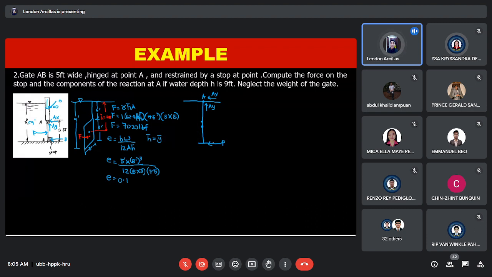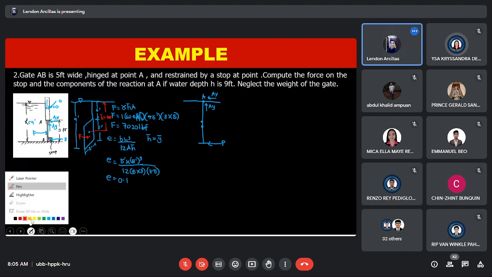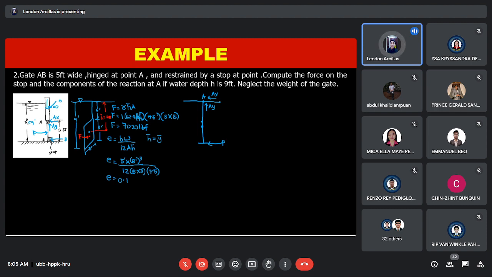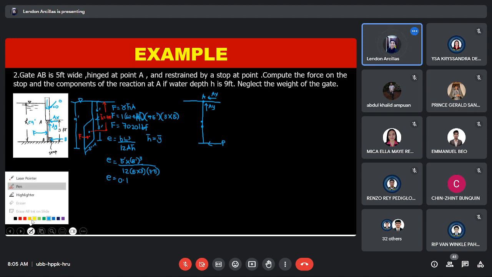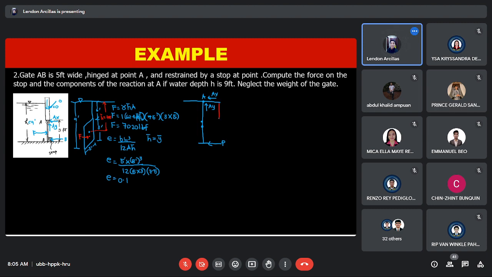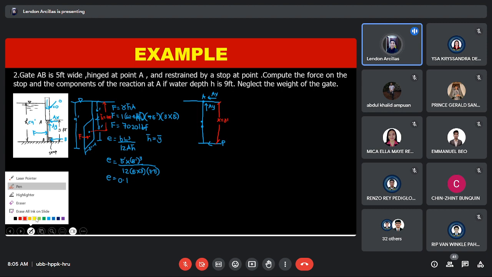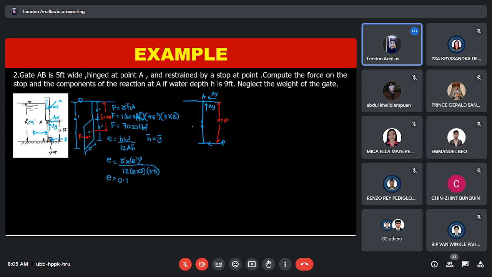So again, this is the value of P, and the gate is 3 feet. And our hydrostatic force is here below the CG. Okay, so this is CG.